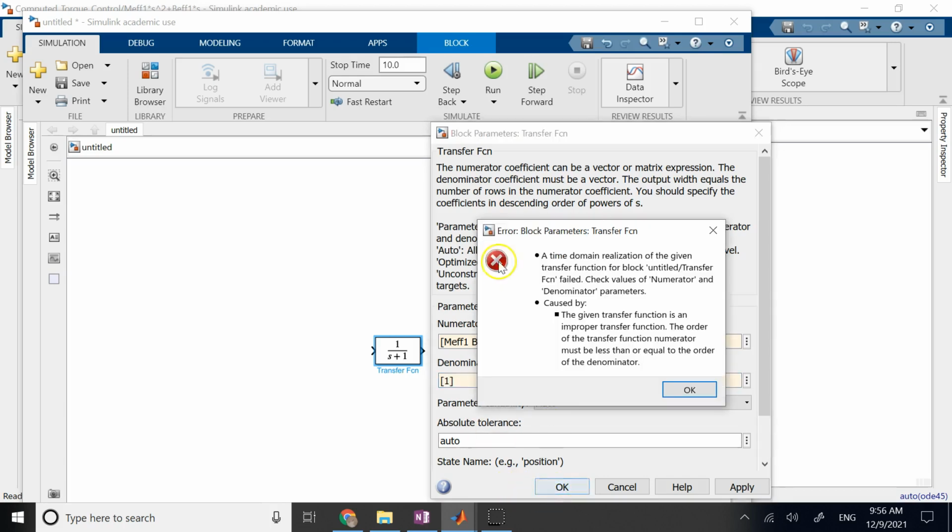You cannot do that. You see, when you do it, it says the time domain realization of the system is not going to be possible. It failed. Why? Because the system is non-causal.